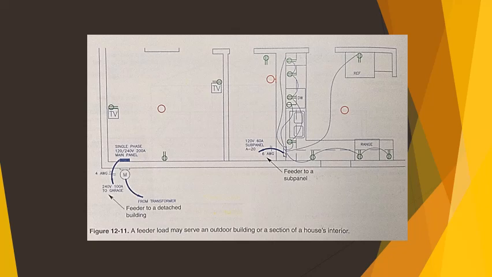The electric furnace requires 13,200 VAs of power. Since these loads are non-coincident, you will need to use only the higher of the two loads, which is the 13,200 VAs, when calculating the total power load or the total load of the house.